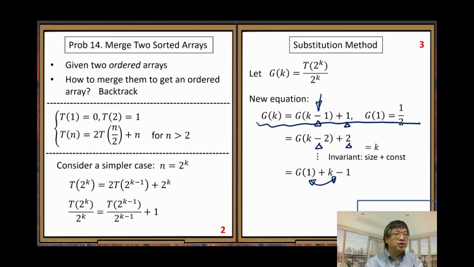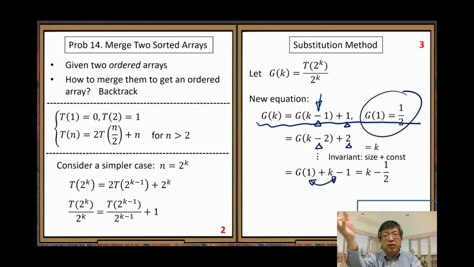So that's the reason the constant term must be k minus 1. All right, now we have the final expression. Because g of 1 equals 1/2, g of k equals k minus 1/2.